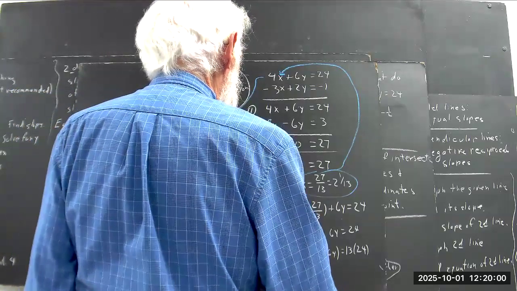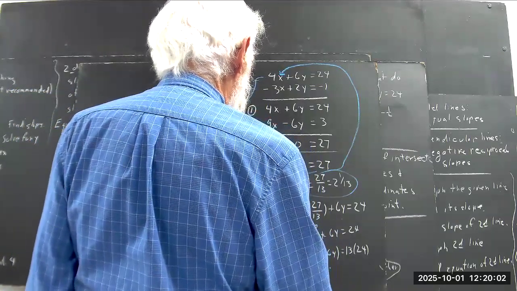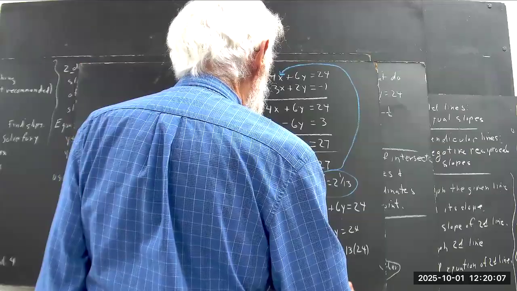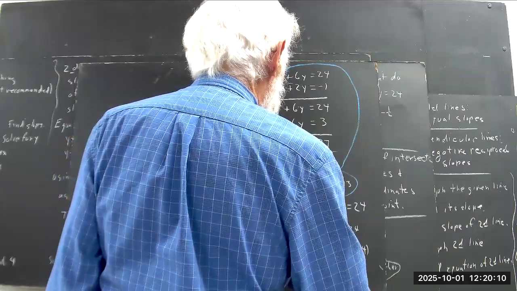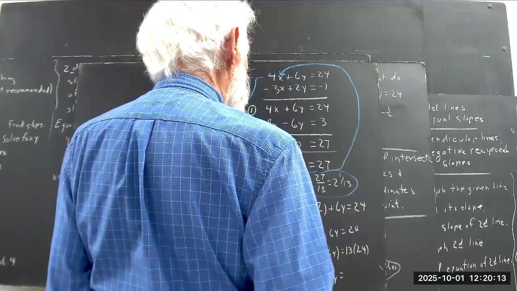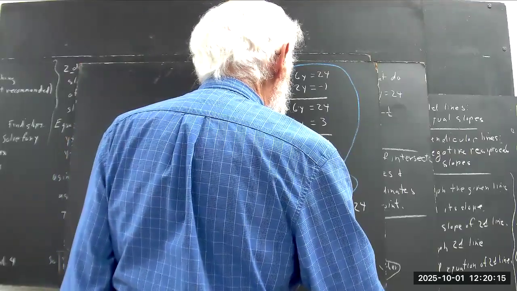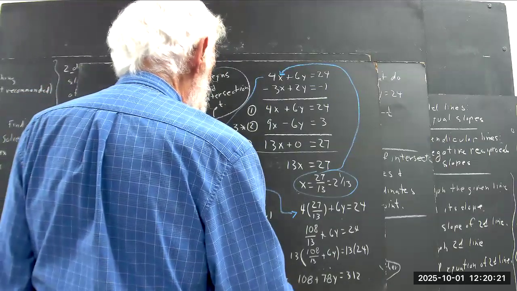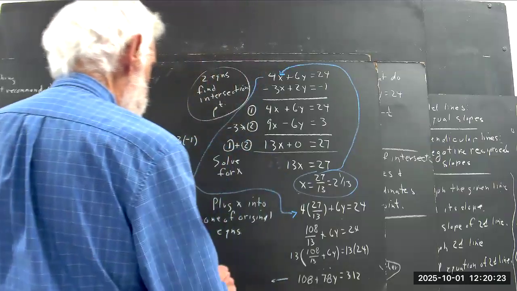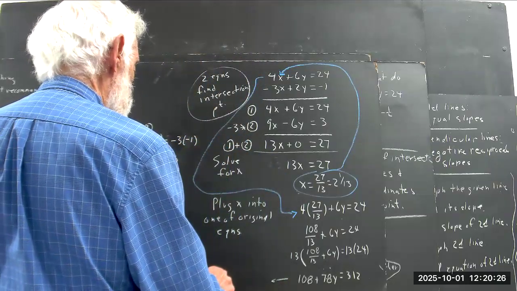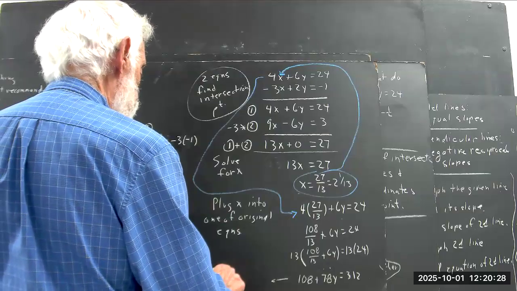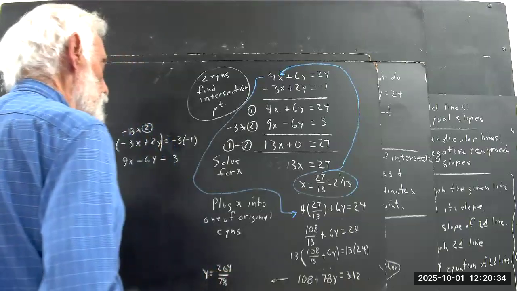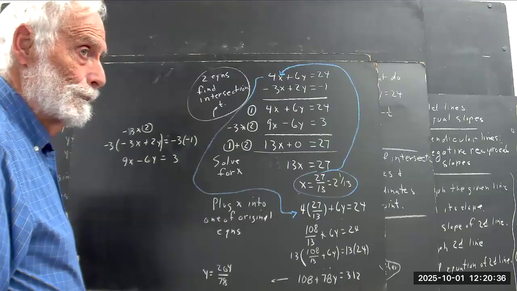I end up with 108 plus 78y equals 240, and 72 is 312. And that leads me to a solution. y equals 204 over 78. Okay.